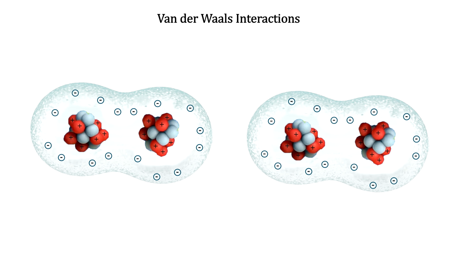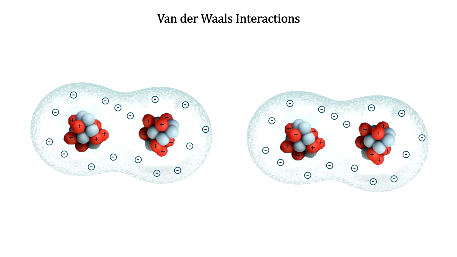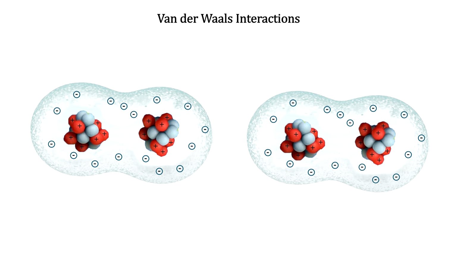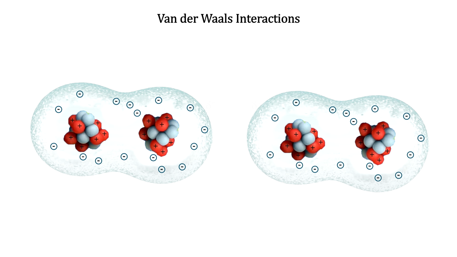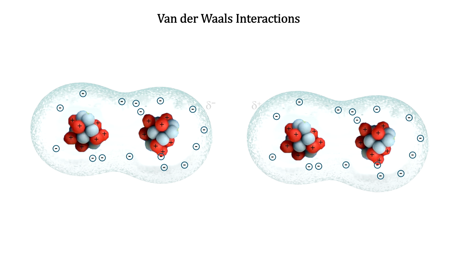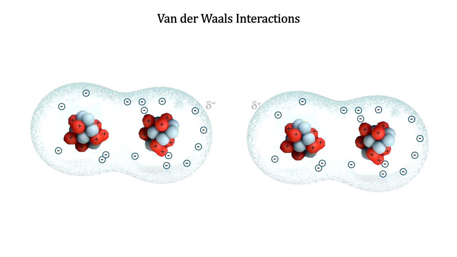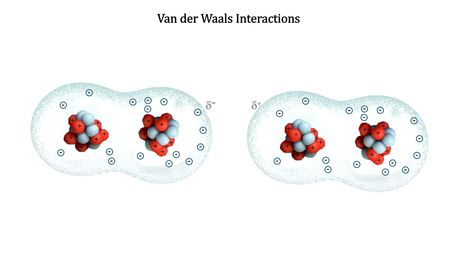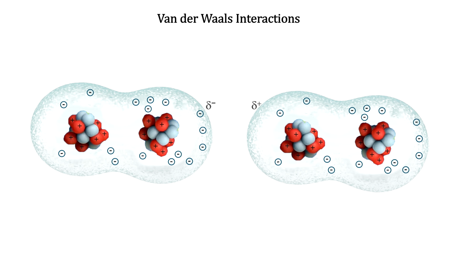But because electrons follow the laws of quantum mechanics, their positions can change over short periods of time. If they were to group on one side of the molecule, that side would appear negatively charged relative to the nearby molecule. And because like charges repel, it would tend to push the electrons in the other molecule back. This in turn creates a situation where the molecule on the left is relatively less negative, or equivalently, relatively more positive.